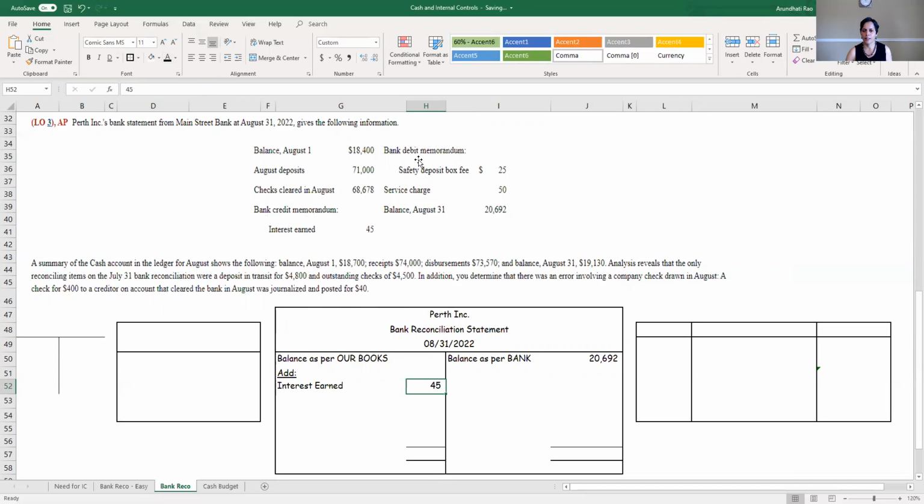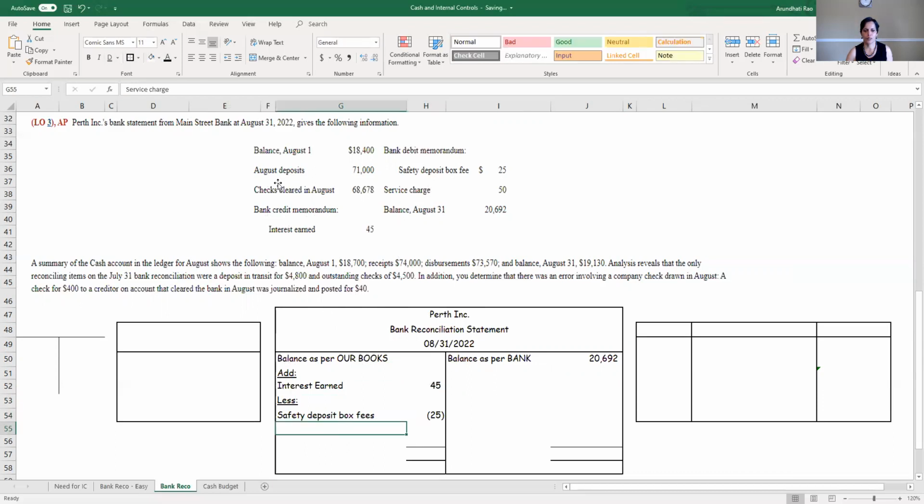Then I have the debit memos. I have two of them. The bank has taken out $25 from my account for a safety deposit box that I have. So I need to do that again on my side. Less, I'm going to write safety deposit box, and it's a subtraction. So put the number in parentheses to remember that we need to subtract that number. $25.